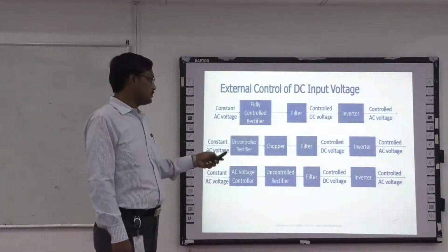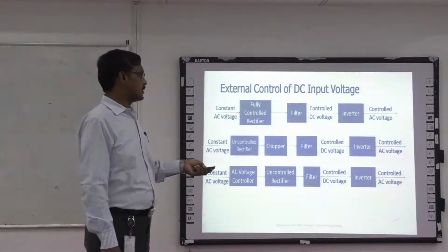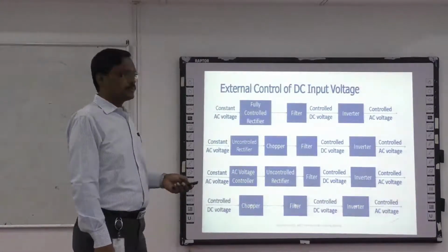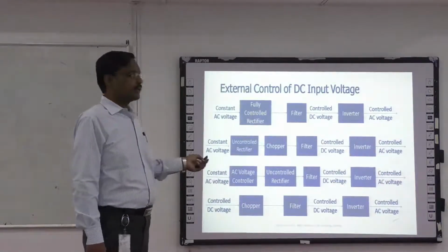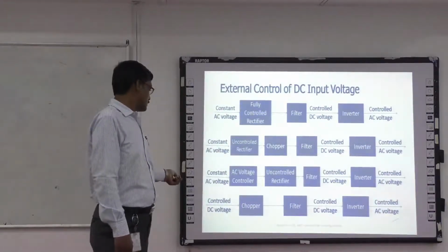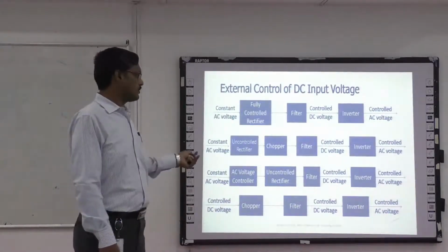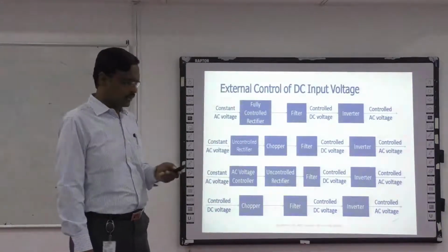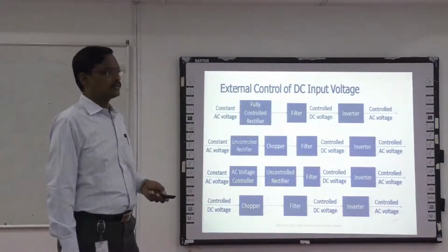This controlled DC voltage is again inverted by using an inverter, so that we achieve the controlled AC voltage. The next method: if we have an uncontrolled DC voltage, this can be given to the chopper circuit, so that we get a controlled DC voltage. This controlled DC voltage is converted by the inverter to a controlled AC voltage.